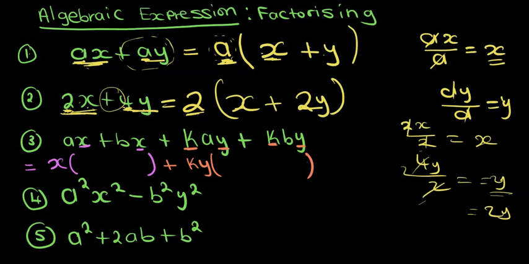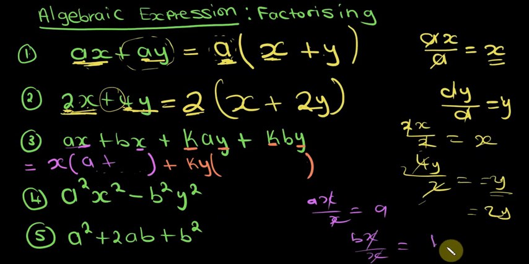So what are we going to put inside the bracket for this one? Well, we divide ax by x. Ax divided by x, what do we get? a. So we have a plus bx divided by x. X cancels out, then we have only b, so a plus b. Okay, let's do the one for ky.